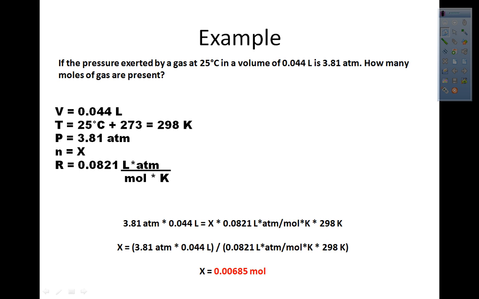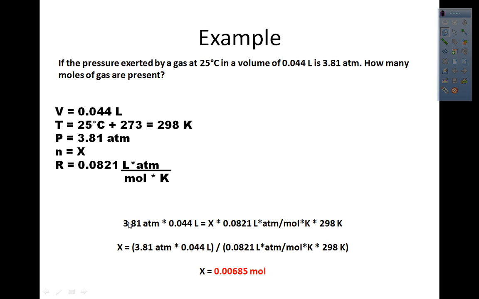I have my volume of 0.044 liters, my temperature at 25 degrees Celsius plus 273 to get to kelvins, 298, my pressure, 3.8 atmospheres, my number of moles, which is an unknown, and my R value, which, since my pressure is in atmospheres, I can use 0.0821 liter atmospheres per mole Kelvin.